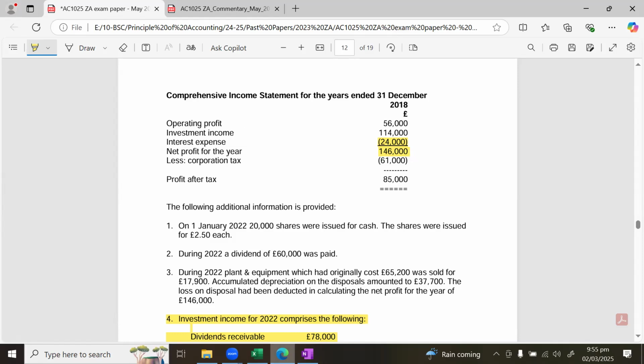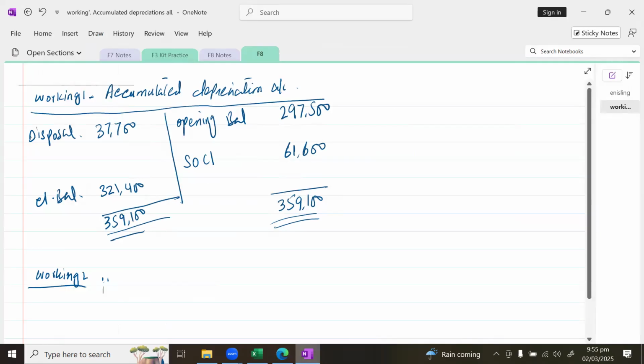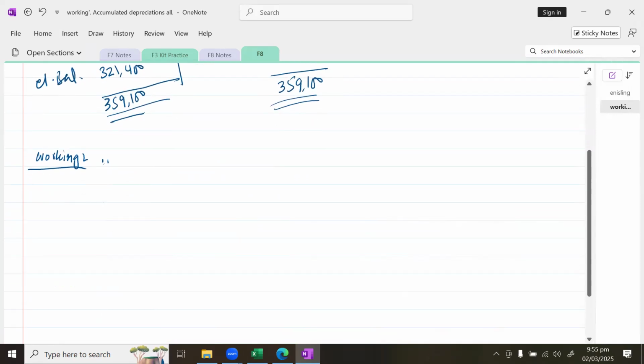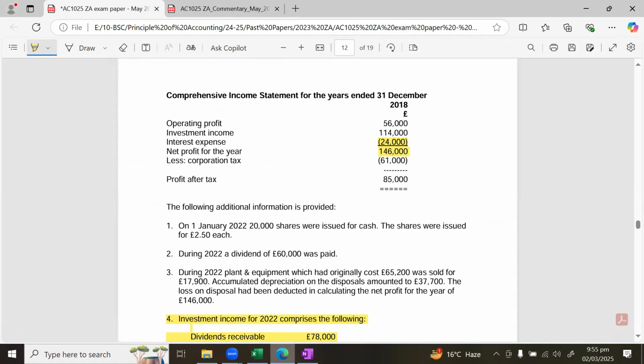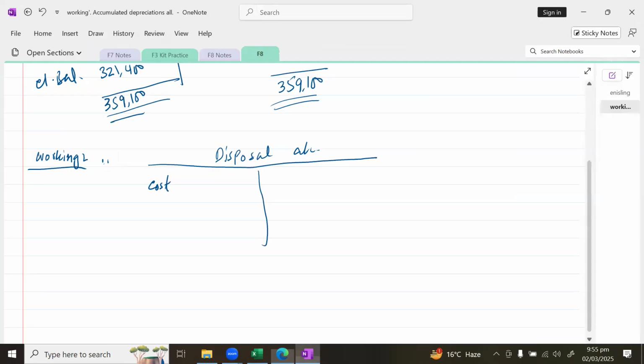Okay, so we'll prepare a disposal account. The asset's original cost is 65,200.